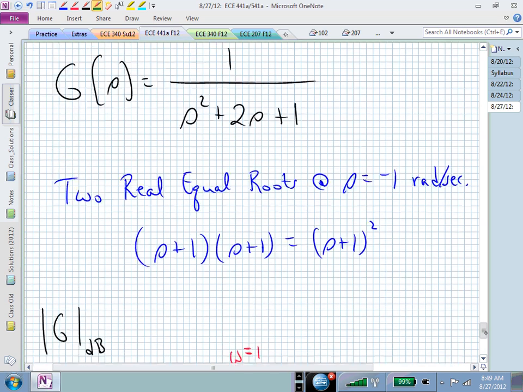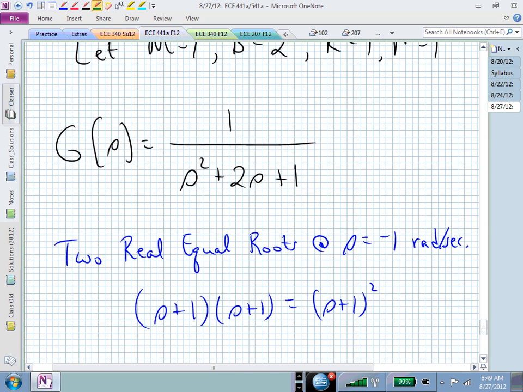If I said, what's my angle at low frequencies, what would you say? If I put in a very small frequency input, sinusoid into this system, let's say a sine of 0.01 radians per second, I excite it with this slow moving sinusoid, what am I going to see at the output?